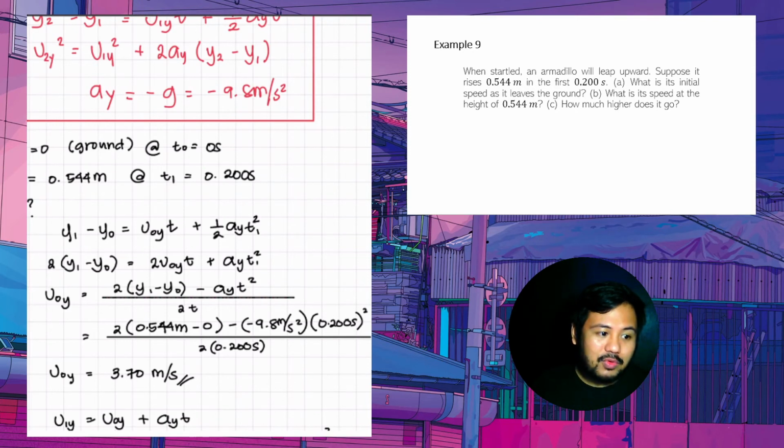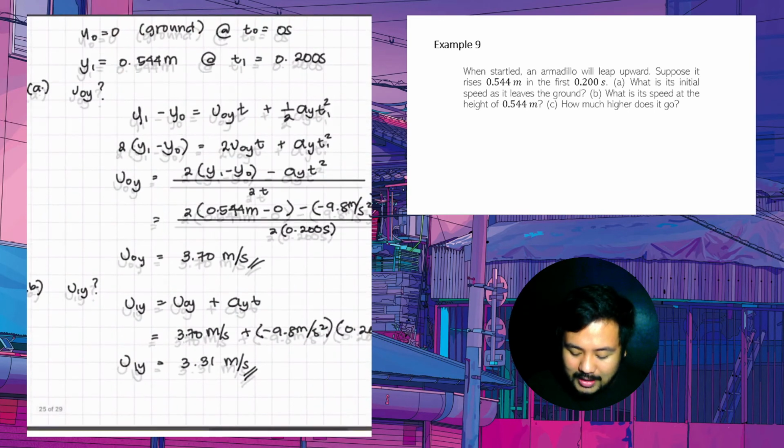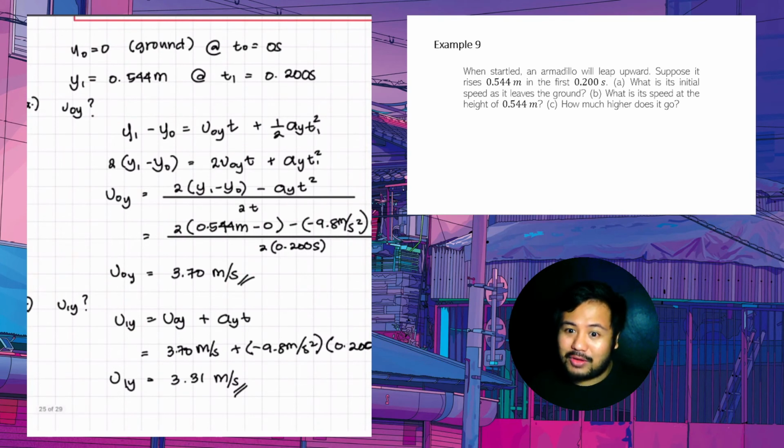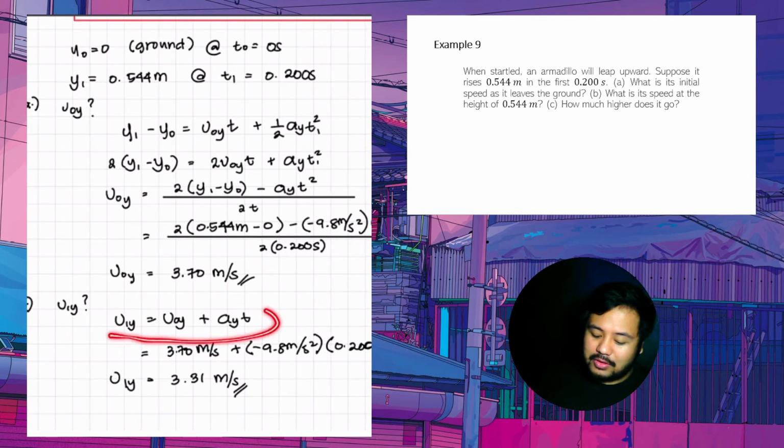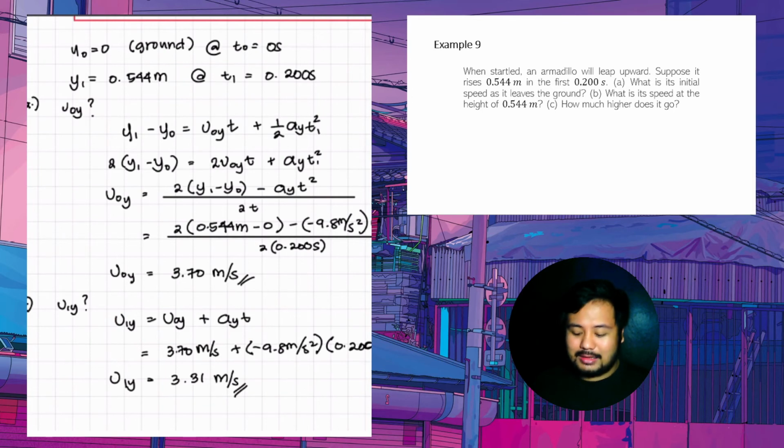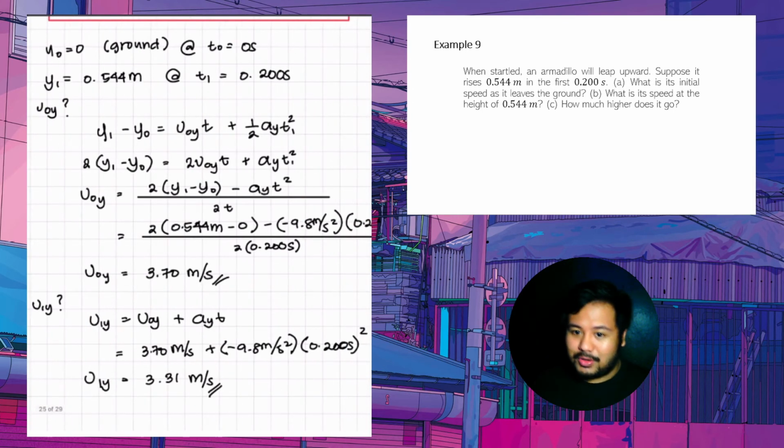Next, the problem, letter B: what is its speed as it reaches the height 0.544 meters, or what is v1y? So, making use of equation 1, v1y equal to v0y plus ay t. So, we could easily solve for v1y by substituting the v0y and the time t that we got from the problem.